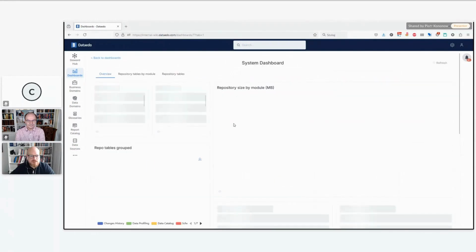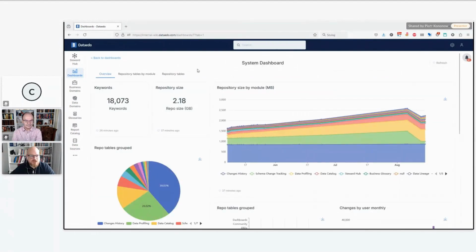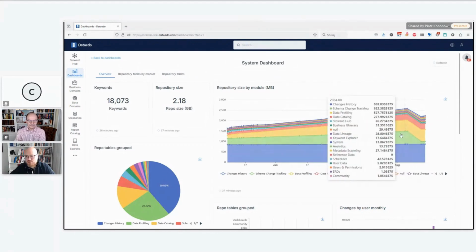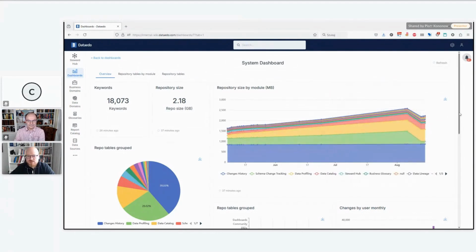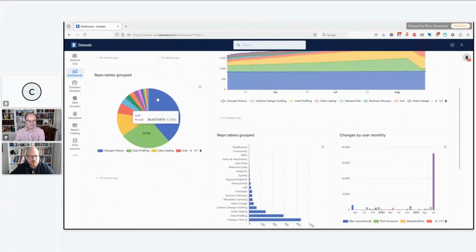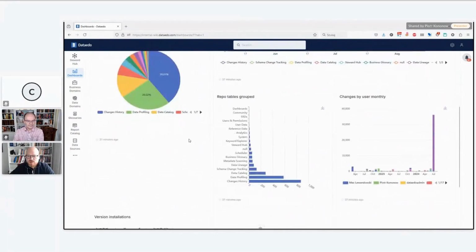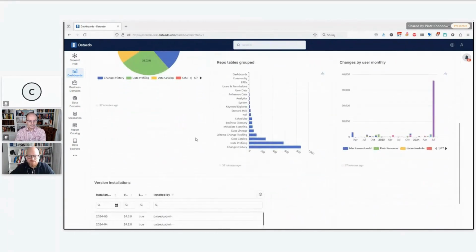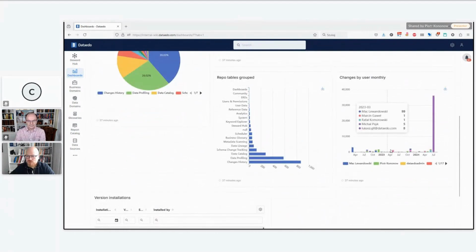The system dashboard has an overview of your system. Over here you see the size of the repository. Over here, you can also see how your tables grow over time. We did some cleansing over here, and you can see that the size of the tables dropped. You can see here as well, broken down in a pie chart. Yeah, this is an overview of users who made changes every month.